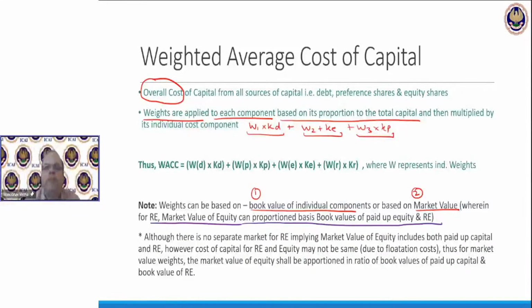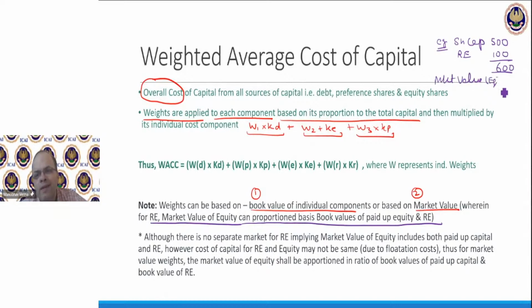So let's say, as an example, you have a share capital of 500 and retained earnings of 100. And we say that the market value of equity is, let's say, 900.